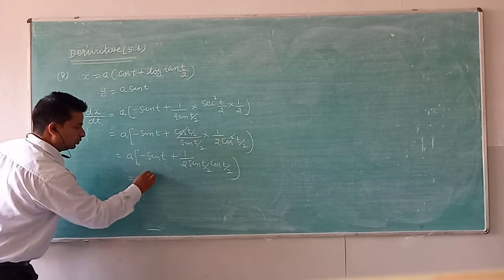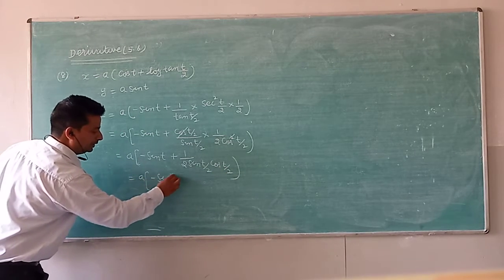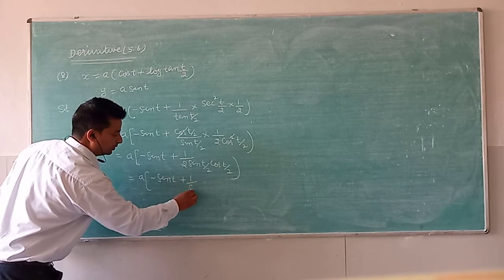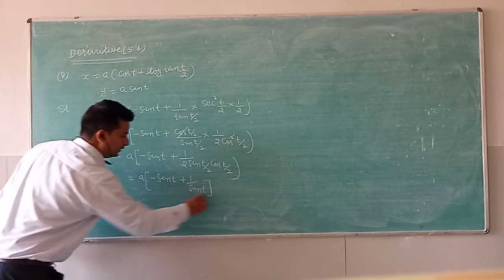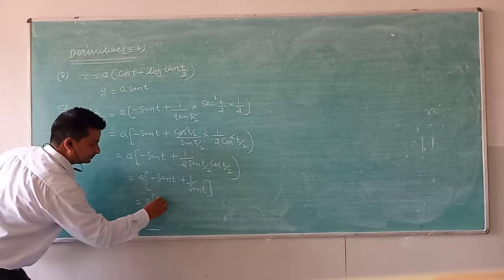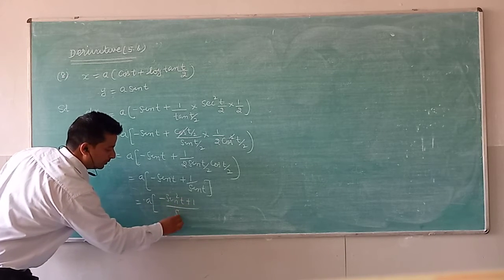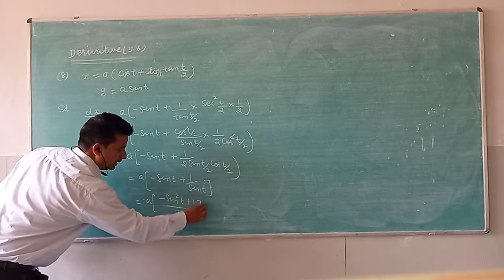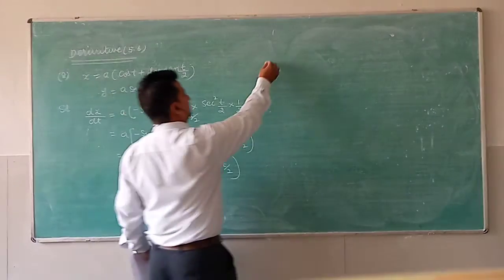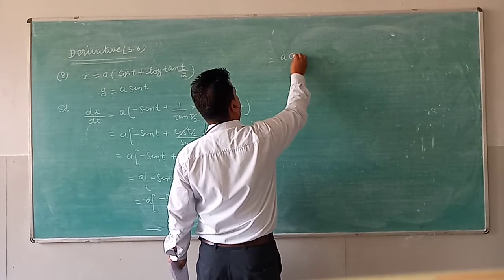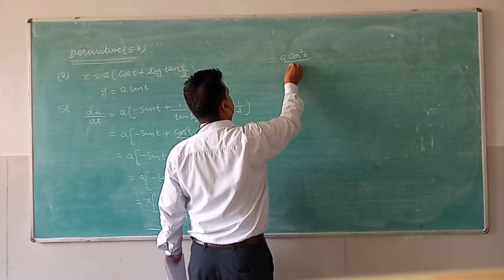This is the formula of sin t, so this is 1 upon sin t. When we take the LCM, this is minus sin square t plus 1 upon sin t. As we know, 1 minus sin square t is cos square t upon sin t.